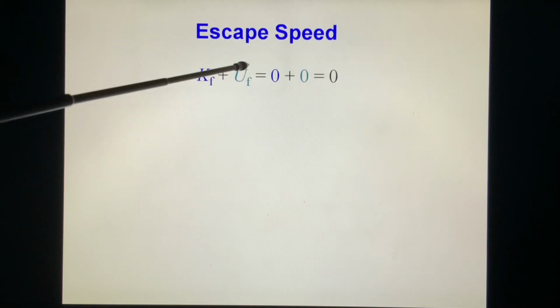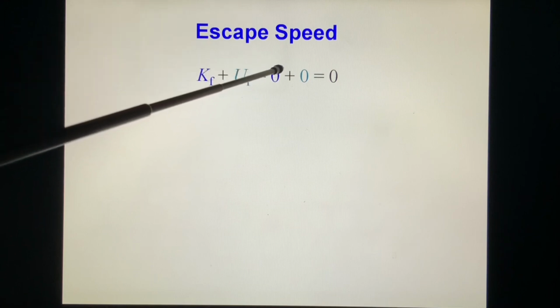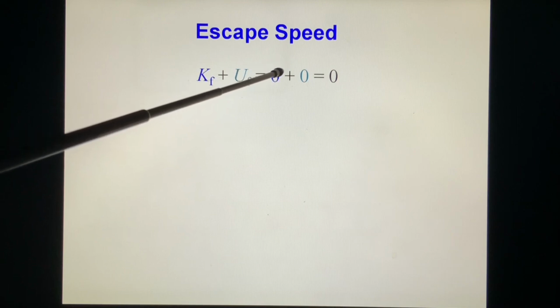Look at escape speed. Let's see the final situation. We set the final potential energy to 0. And to get the minimum total mechanical energy, we suppose it starts at infinity, just sitting with no speed.